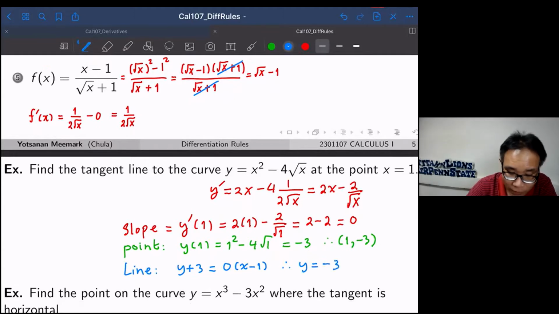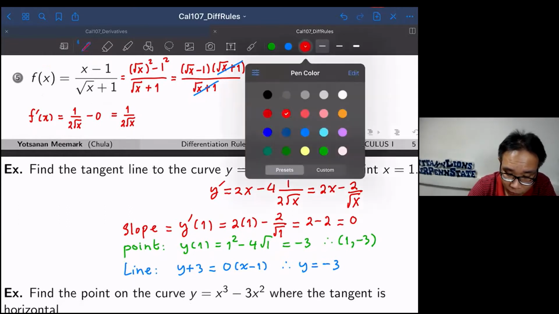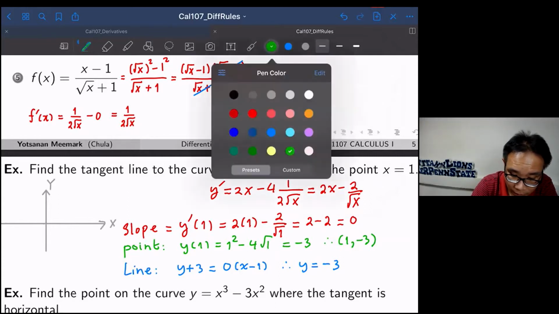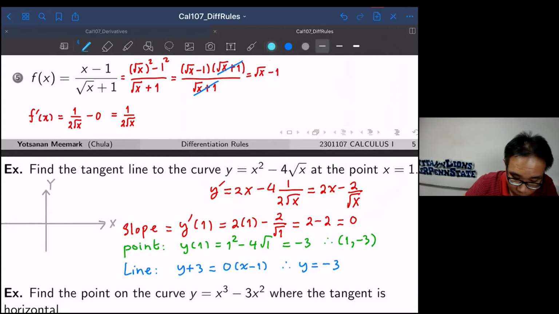And for the line y equal to negative 3, you're gonna know that this one is called a horizontal line. So this one looks like this. So you have your y, you have your x, okay, and you're gonna have y equal to negative 3, which is this horizontal line.